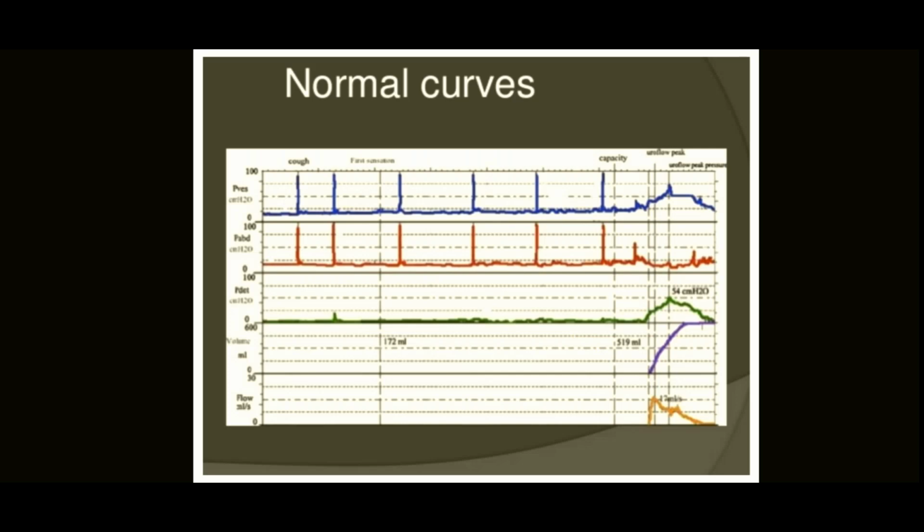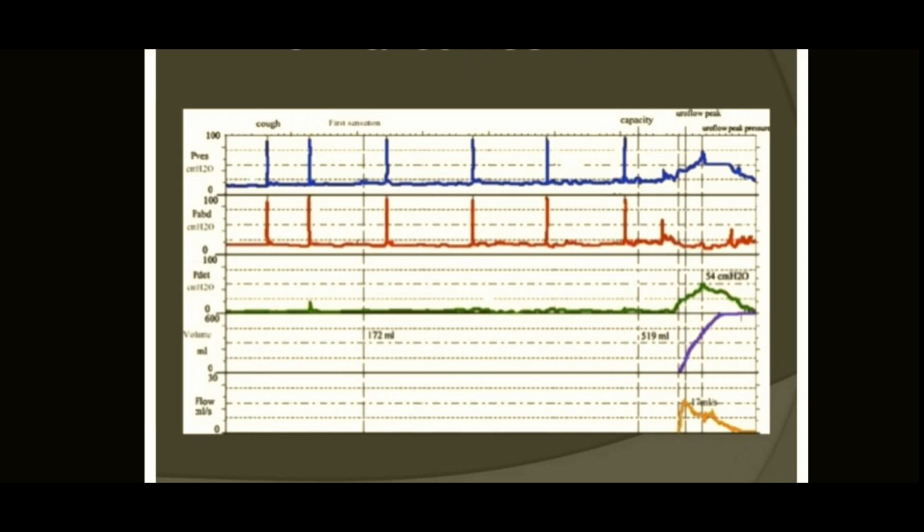Now, coming to something that we always are a little afraid of, and we think that it's difficult. Remember, this is a normal curve. They will give you three different lines: the P detrusor, the P abdomen, and the pressure of the bladder.